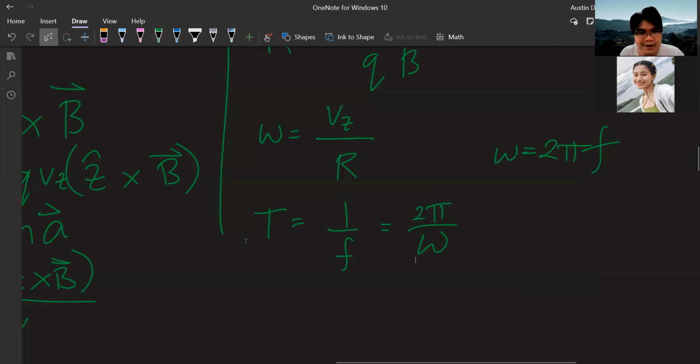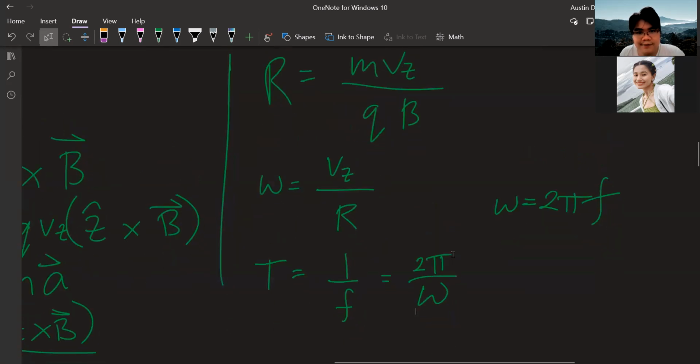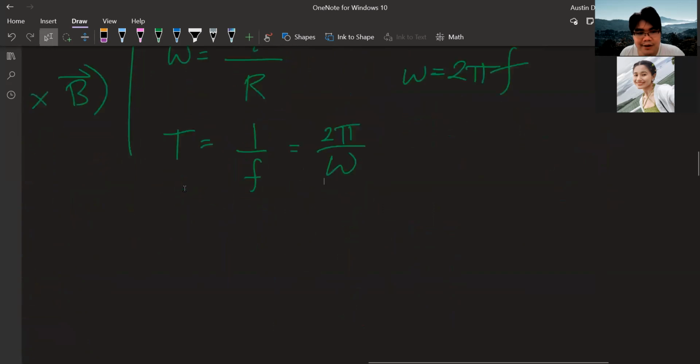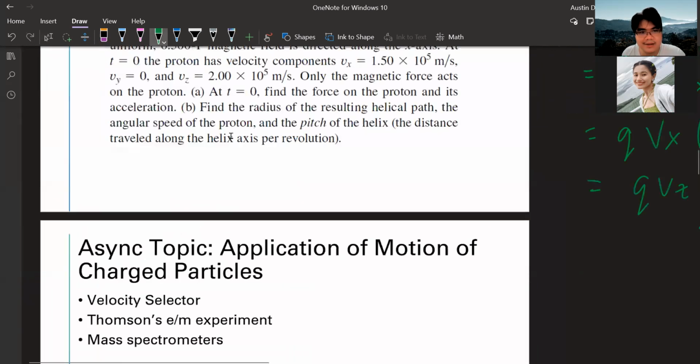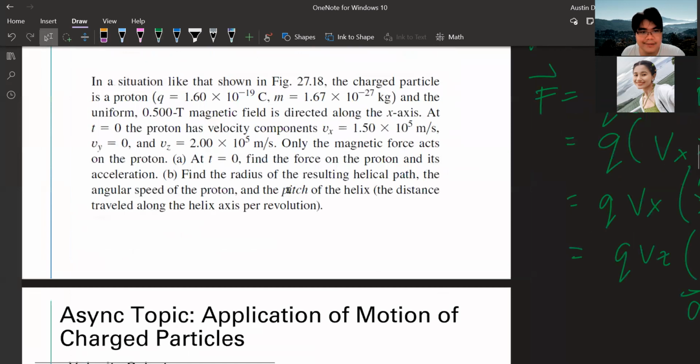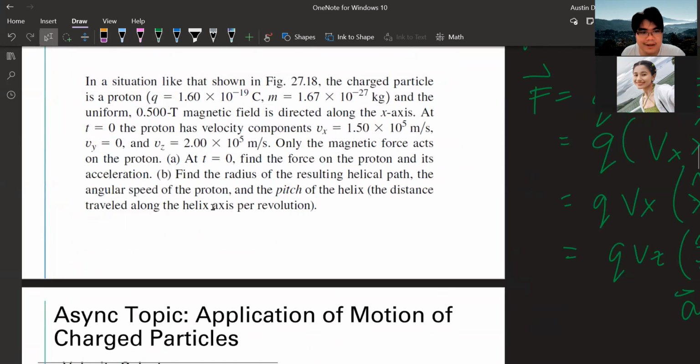Okay, so the time it takes for one revolution is given by the period. So plug in mo lang si omega, and then you can get the period. Tapos, meron tayong velocity na Vx, di ba? So, how far would the particle travel along the helix axis per revolution?